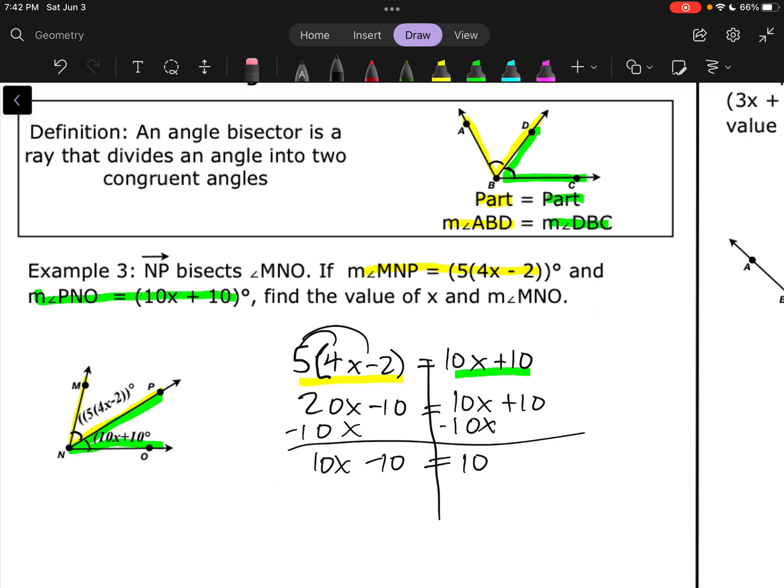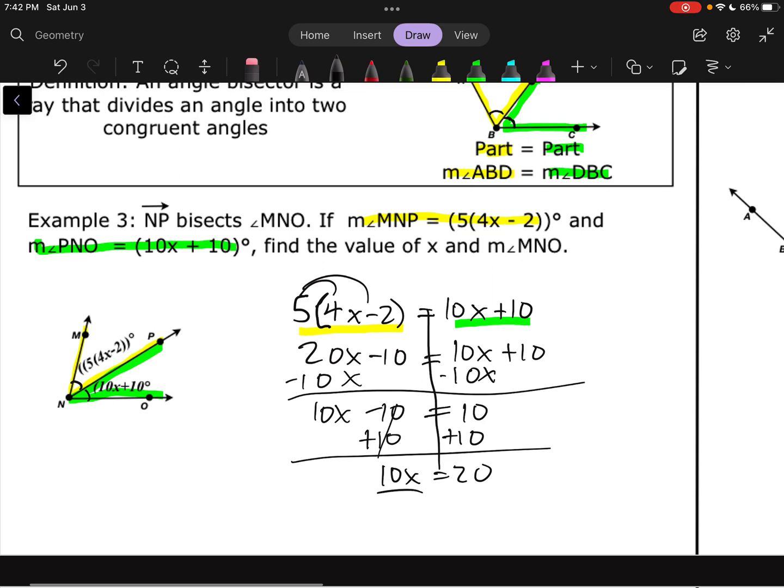Lots of 10s flying around here. We'll add the 10. We will get 10x equals 20. So x is 2.